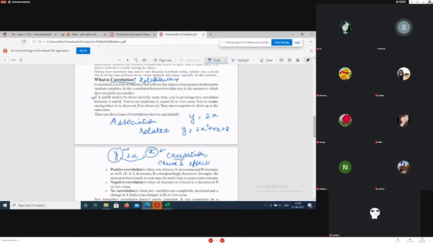Now the thing is, correlation is a very important parameter for data science. You have to identify how they are correlated, because we already said the columns or the features have to be independent of each other. If they are not independent, how do we identify that they are dependent or independent? That is being created by the correlation.